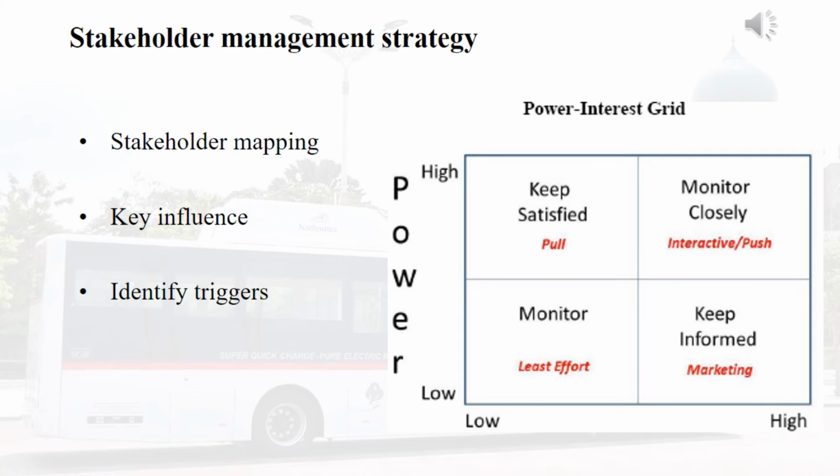Key influences. The level of influence of each of the stakeholders has to be prioritized. During the period, the stakeholders can directly communicate with the team members. Apart from that, the power and interest of each of the stakeholders must be analyzed. Identify triggers.